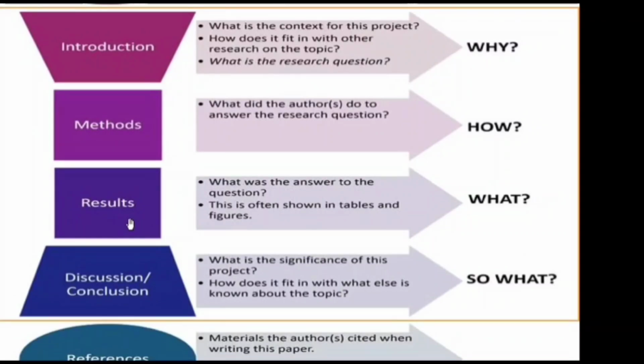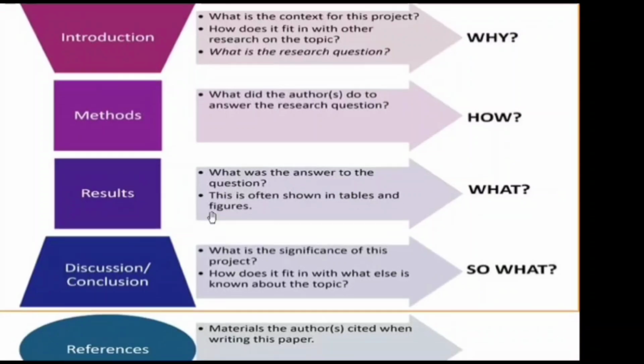So when you keep a heading for results, you can keep some content there, and you can add tables and figures in results. In discussion: what is the significance of this project, how does it fit in with what else is known about the topic, compared to something else, how does that relate, what else did you add. References: materials the author cited when writing this paper.